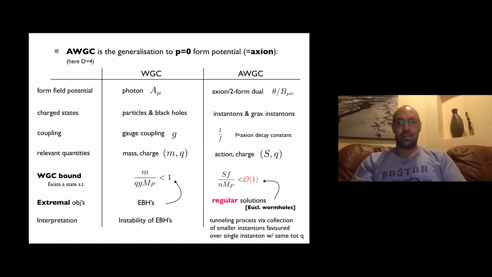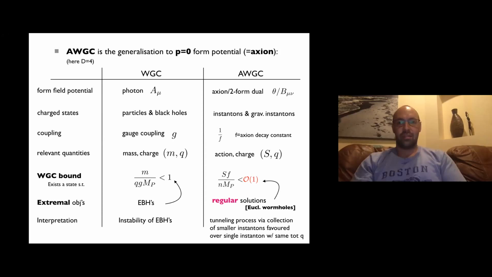In the original weak gravity conjecture, we have particles and black holes as charged states, and in the axionic version, we have instantons and gravitational instantons. The gauge coupling g is played by the inverse of the axion decay constant, and the relevant quantities, mass and charge, get replaced by the on-shell value of the action, and the charge, which is actually, sorry, here Q should be n because it's quantized, so it's discrete.